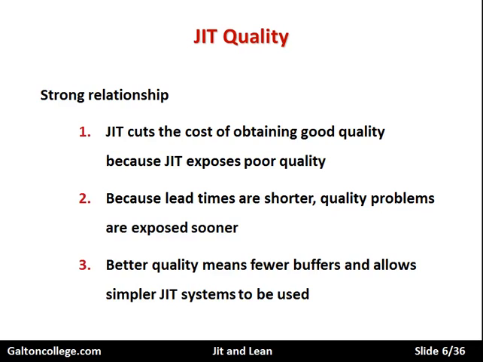So the company who's buying in the components don't have to hold a stock just in case there is a quality issue. They know that the company supplying will have good quality, so there's no buffer stocks required. And the JIT system is very simple. The company places the order when they need the supplies, and the company supplying it meets that requirement, delivers exactly when the commitment is, and it's good quality.